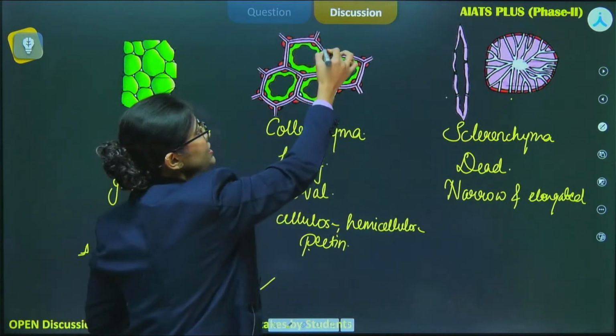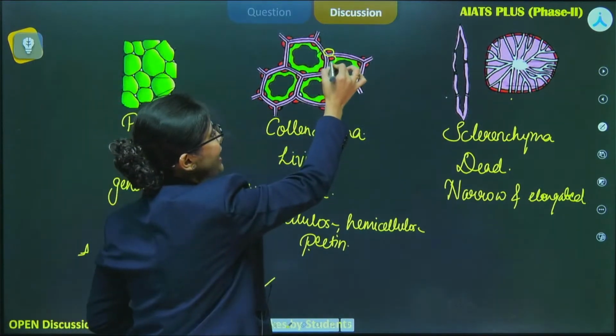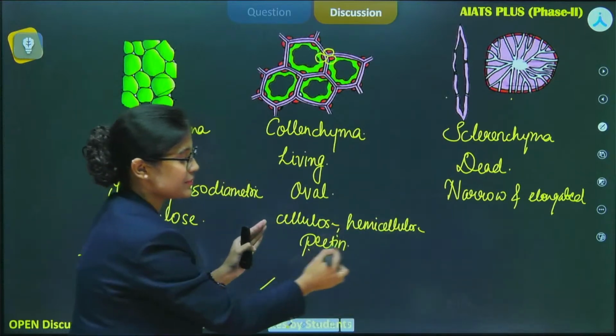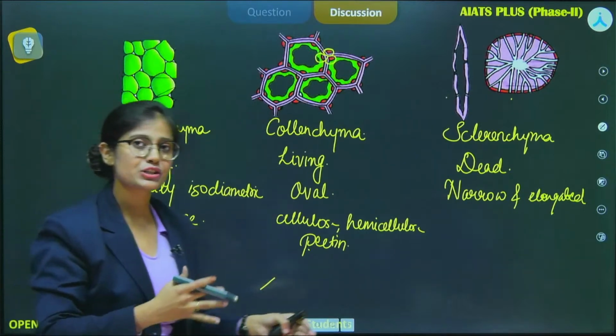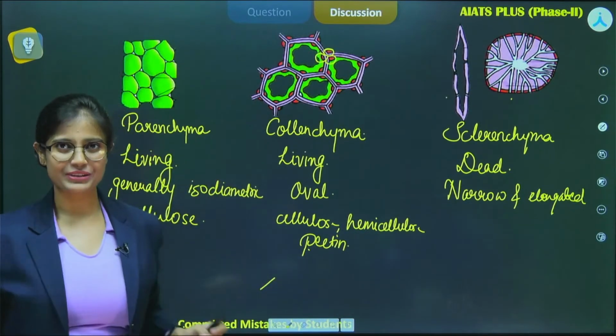They are deposited at the corners of the cell wall. So these red-like structures are basically depositions of cellulose, hemicellulose and pectin, which help in providing mechanical strength to the growing parts of the plant, for example, the petiole of the leaf.